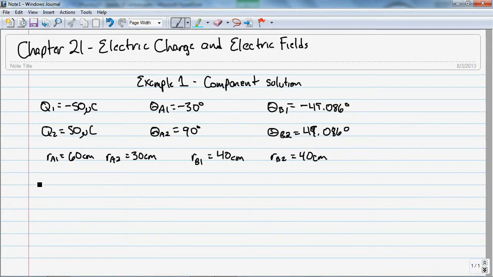And now it's very similar to what we did with the forces. We just have to keep track of everything.